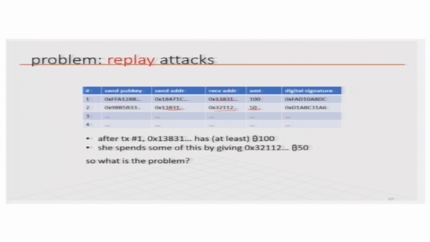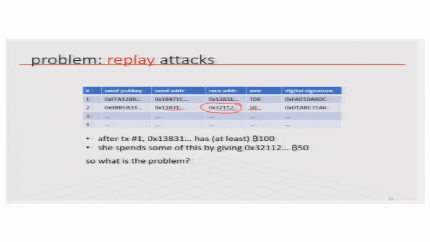Now, somebody who is listening to this transaction can broadcast it again. See, transactions are broadcast because everybody needs to see all the transactions, because everybody is keeping track of the transactions in blocks and so on. So, this person broadcasts another message with all the same things, like the public key of this sender, the sender's address, the receiver's address, and another 50, and nothing changes because message integrity cannot detect the same thing being sent again.